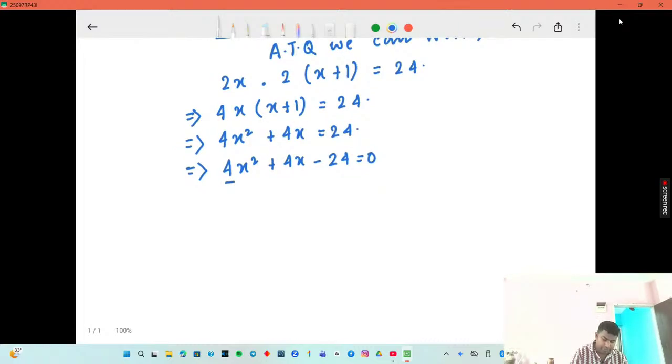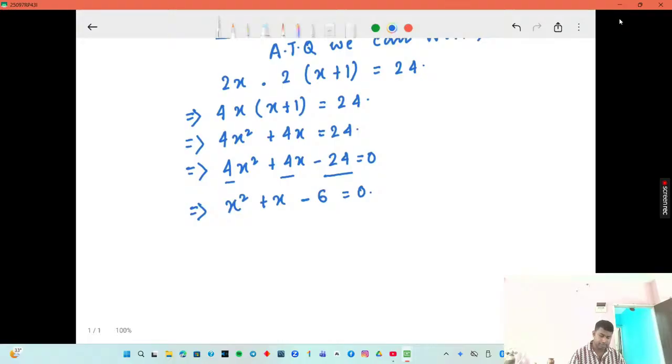Here 4 is divisible by 4, in the second term 4 is divisible by 4, and minus 24 is also divisible by 4. Now we will divide the whole equation by 4. So now we will get x squared plus x minus 6 is equal to 0.